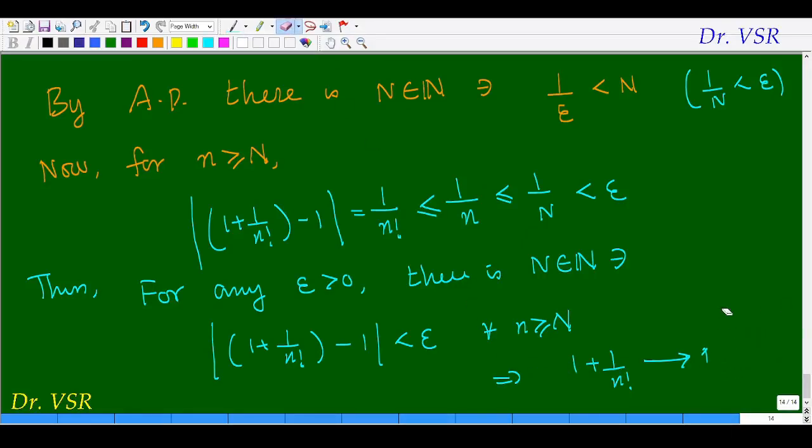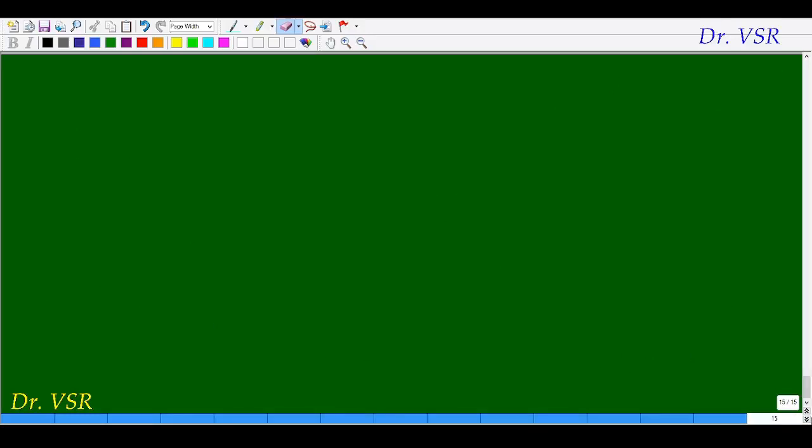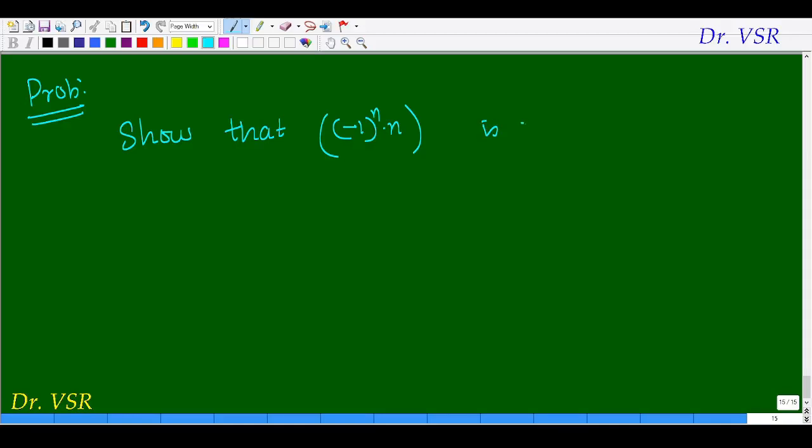Okay. And now this is a problem. I'm giving you a problem. Show that the sequence (minus 1) the whole power n into n is not convergent.